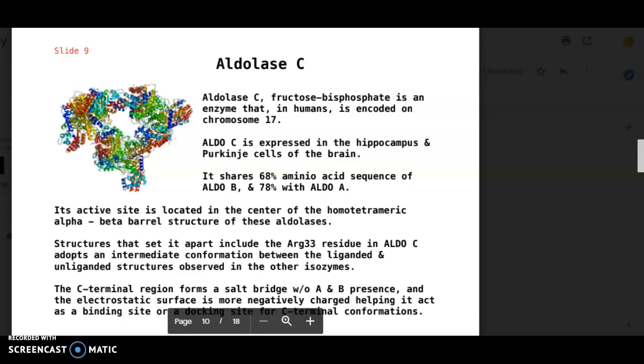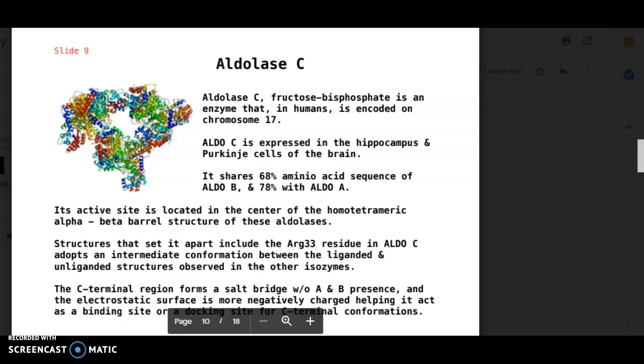This active site is located in the center of the homotetrameric alpha-beta barrel structure of these aldolases. However, several structural details set aldolase C apart. For instance, it adopts an intermediate conformation between the liganded and unliganded structures observed in the other isozymes.